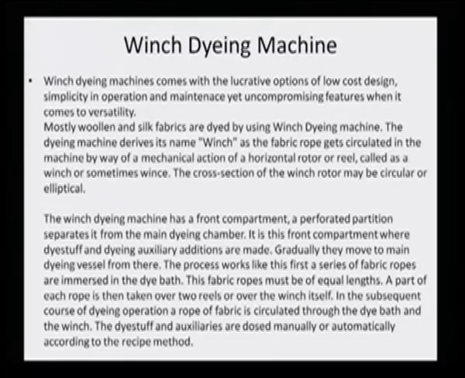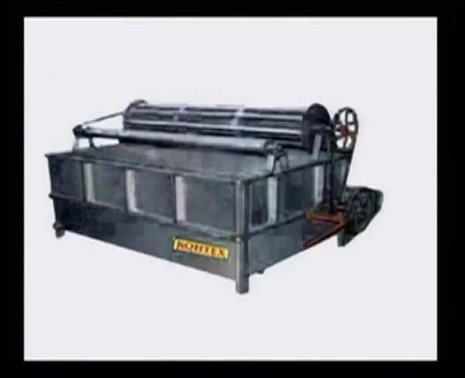So, that is why it is a very facile method of dyeing, and the entire machine has been designed for handling softer materials like wool and silk. This is how the winch machine looks, and you will see that it is more flattened and there are circular bars which hold the ropey material of the fabric, or rather the fabric is converted into a type of loose rope, so that it can pass on to it very easily.